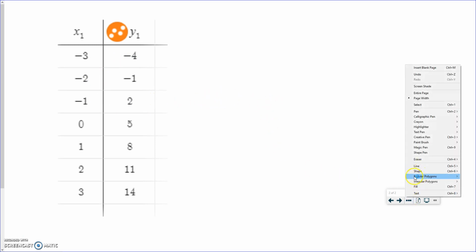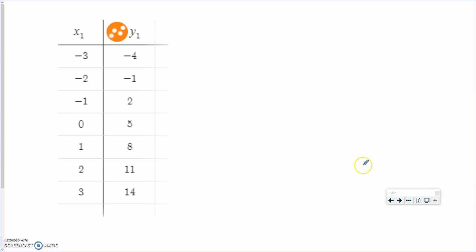So when we are looking at a table of values, we are actually talking about there are many points that we are looking into on the diagram. So this -3, -4 basically is one of our coordinates. It's going to be -3 and -4. Okay, so if I'm picking out a point, you say, well, I don't like negative numbers.